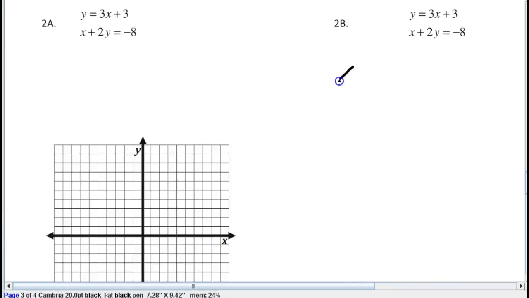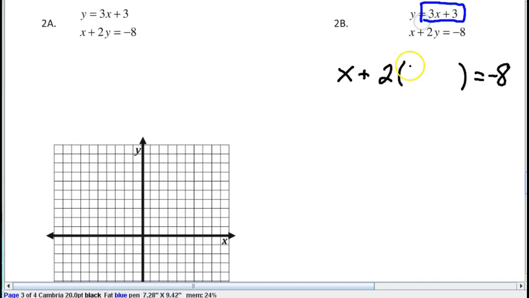So we got x plus 2, and instead of y, our y is actually going to be 3x plus 3. Instead of this y right here, I'm going to put 3x plus 3.